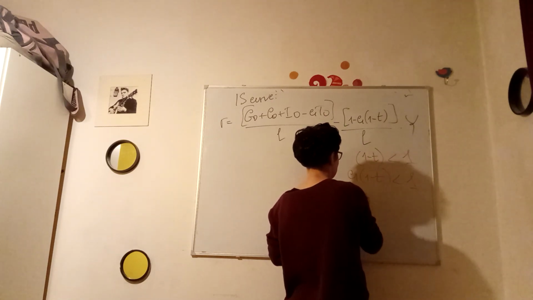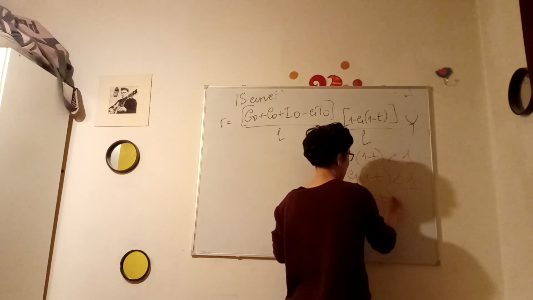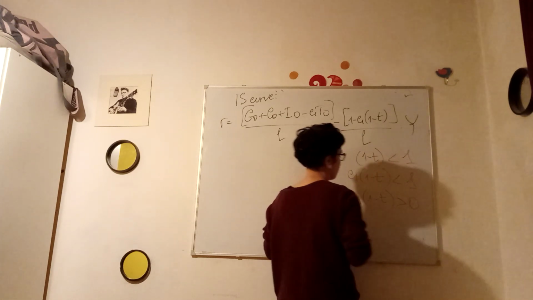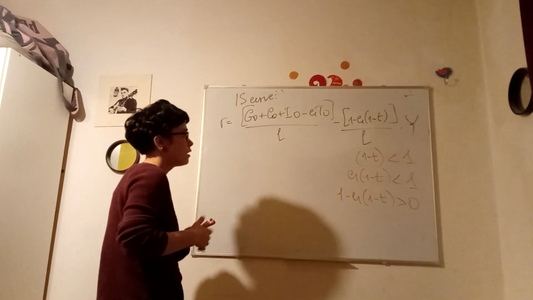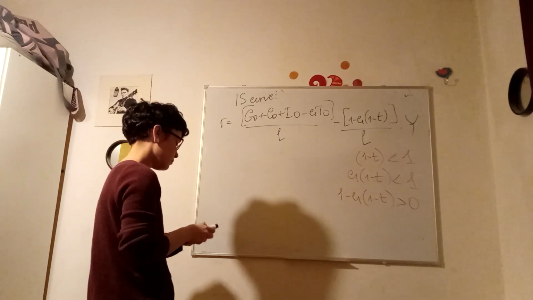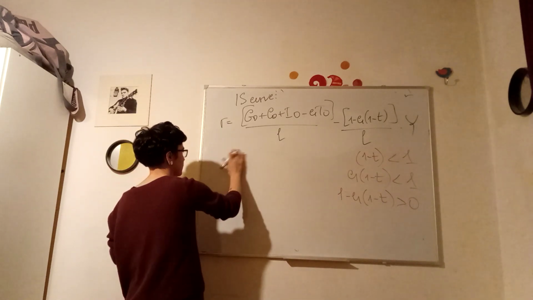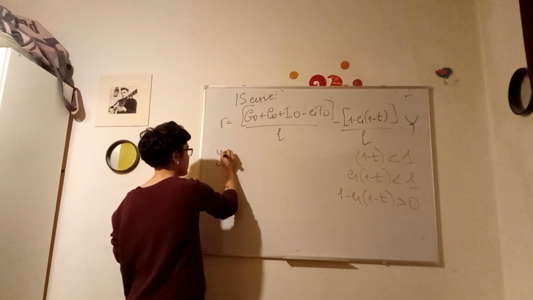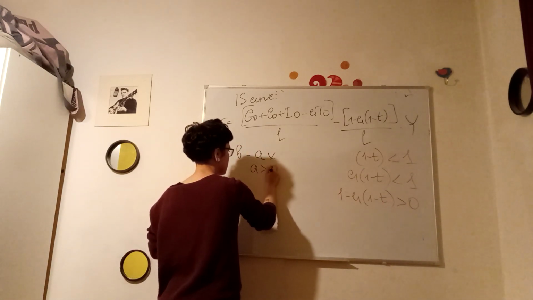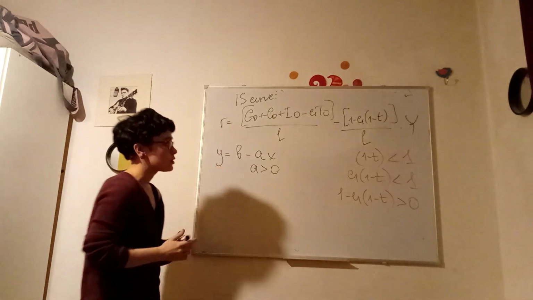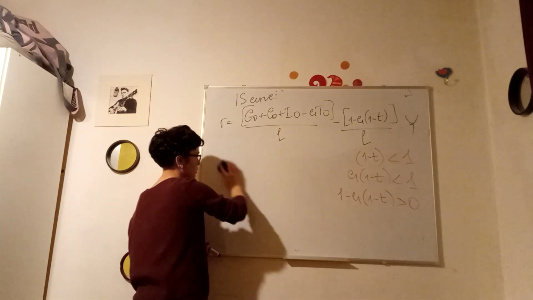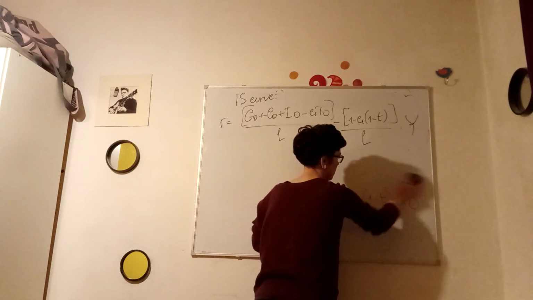So 1 minus C1 times 1 minus T will be bigger than 0. This means we have the ordinary form of a linear function, y equal to b minus ax, where a is bigger than 0. So this function is going to have a negative slope, and this is the only thing we are interested in at this point.